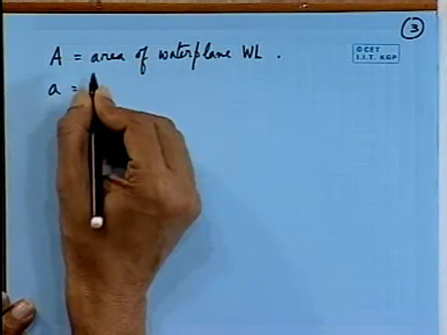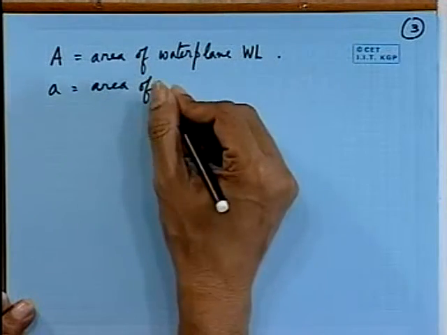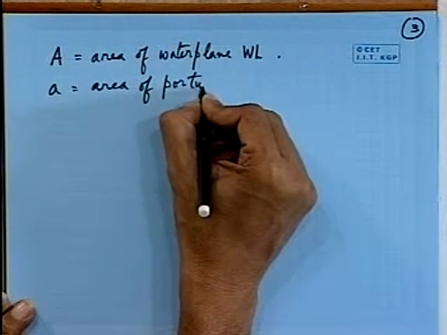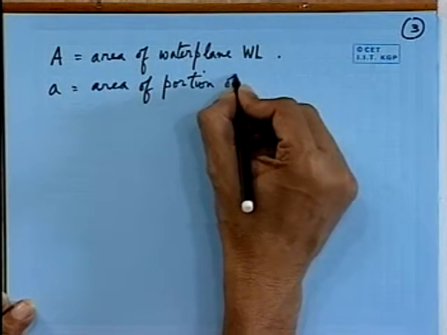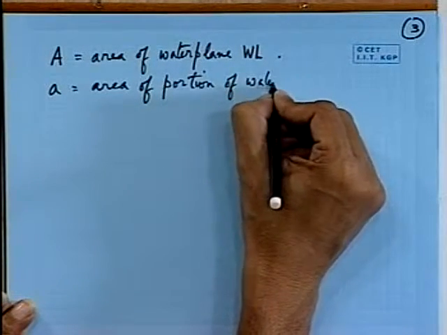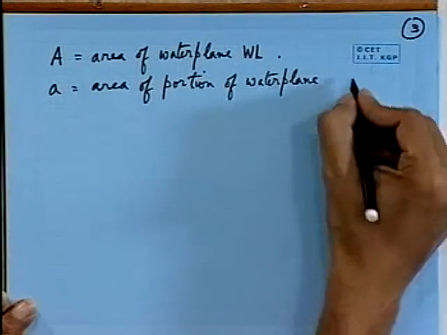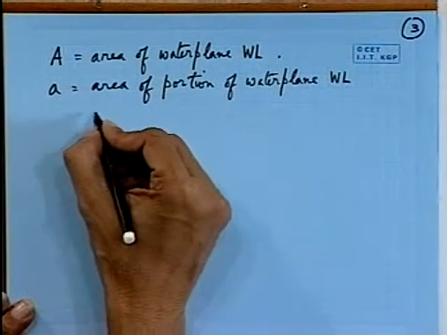And small a is the area of portion of water plane WL within compartment limits.